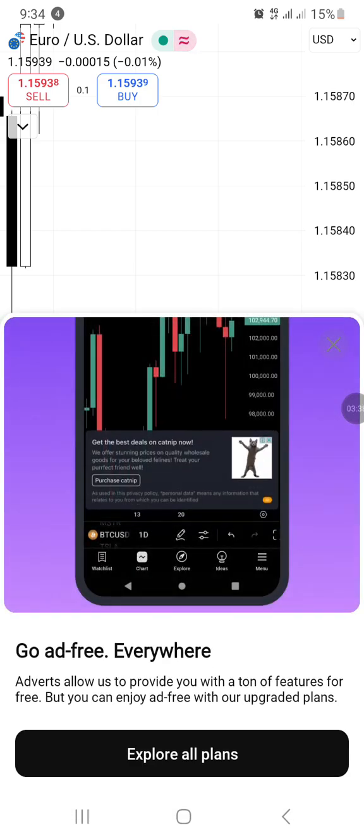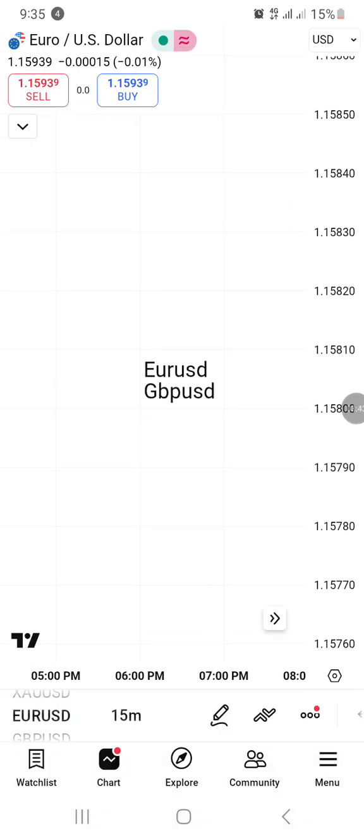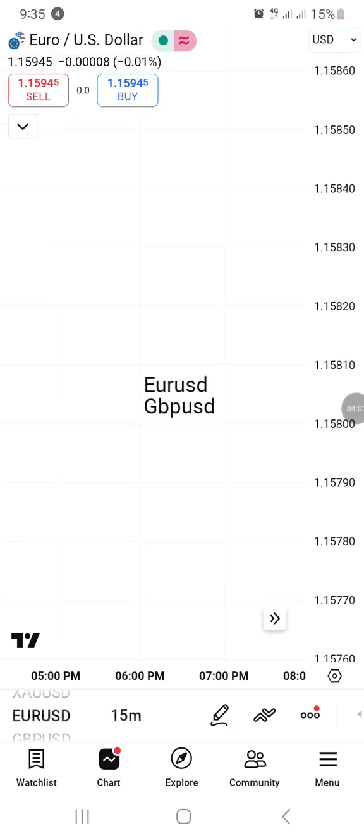Why is it like that? Why do they have such similar price movements? If you see Euro USD and GBP USD, what do they both share in common? They share the USD, the US dollar, as their quote, right? Remember I taught you about the base and the quote in a currency pair. In this scenario, the USD is the quote, and the Euro and GBP are the base in their pairs, right?